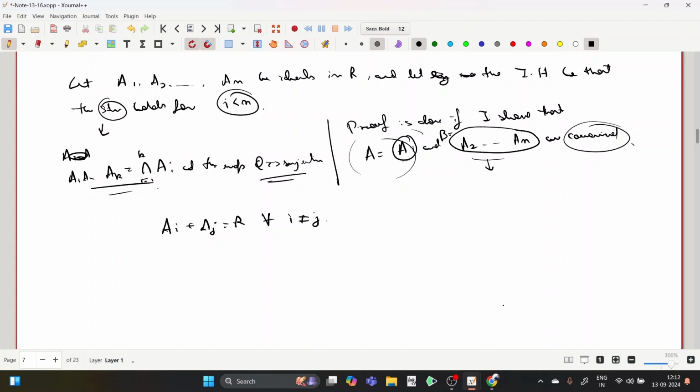So suppose I choose an element xi out from a1, let us say xi is an element of a1, and I choose an element yi from B. Or let me not use the term B, let me choose yi to be an element of any ai, where i is not equal to 1, for example.